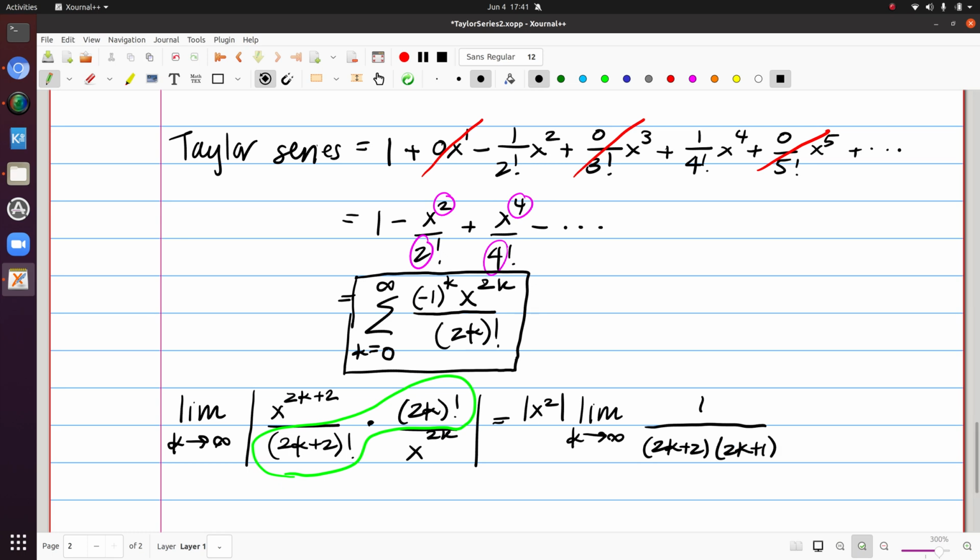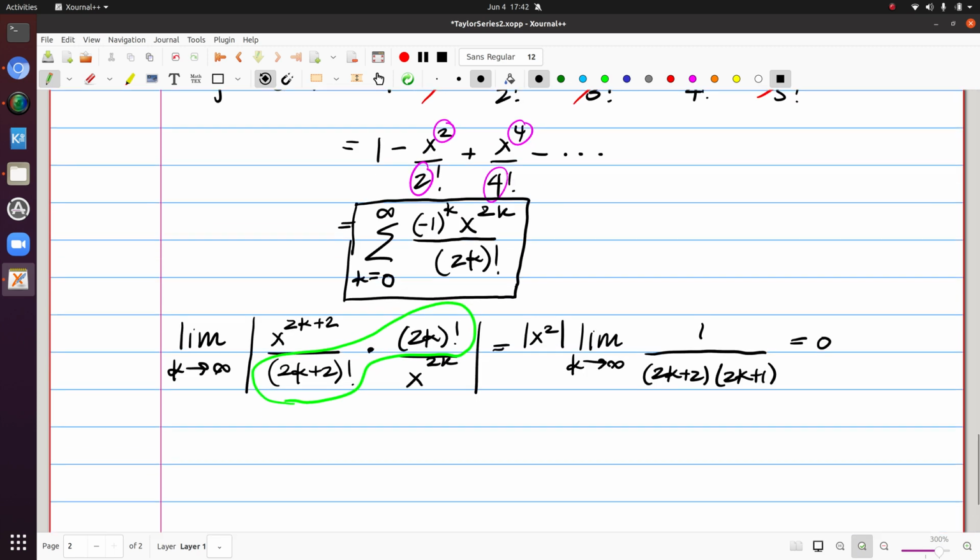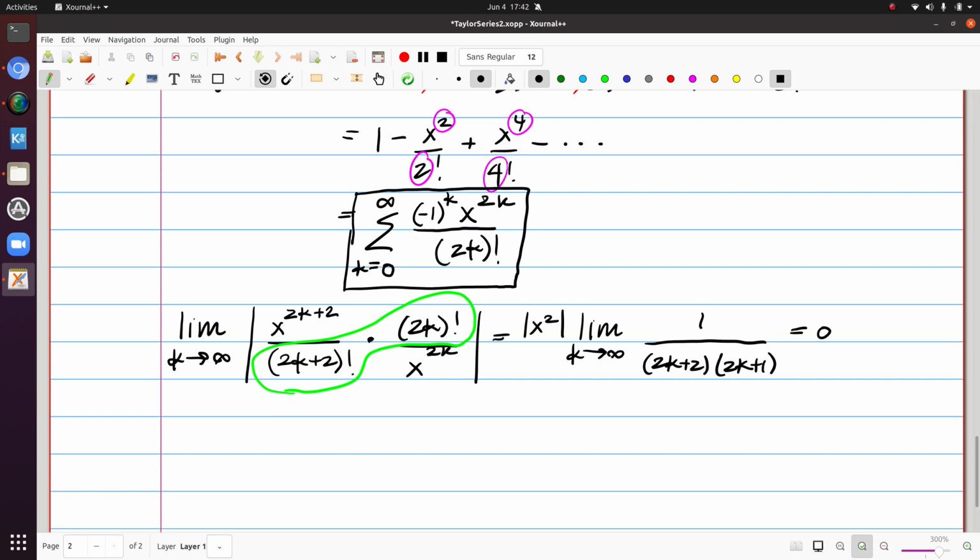So that would cancel the factorials from the top and the bottom. And we see that the limit of what I have left over here is always going to be 0. And so much like the example we saw with e to the x, this tells me that the radius of convergence is infinity. This always converges. And then consequently, the interval is the whole real line.